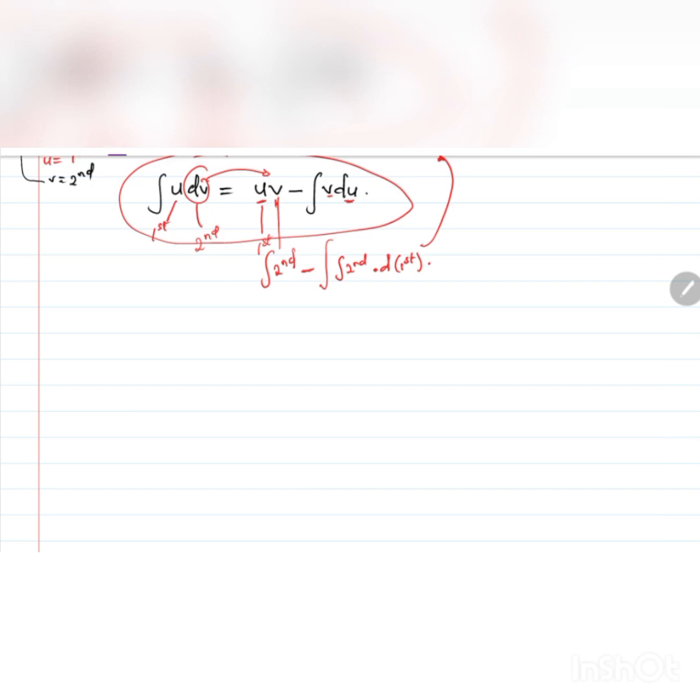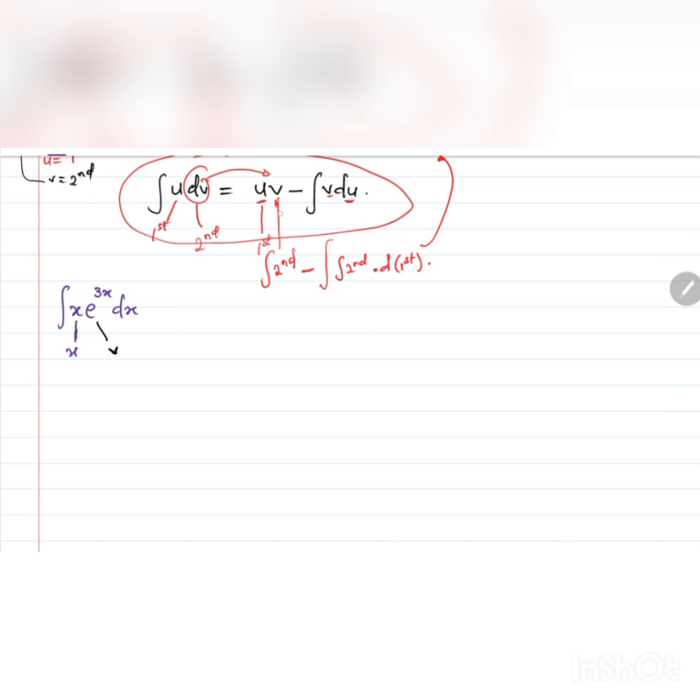The first question says the integral of x exponential 3x dx. Now I can say let the x be my u, and the exponential should be my dv.